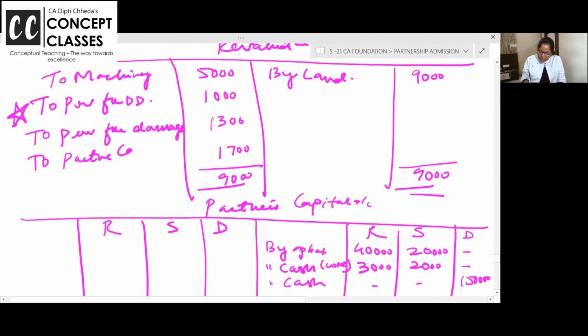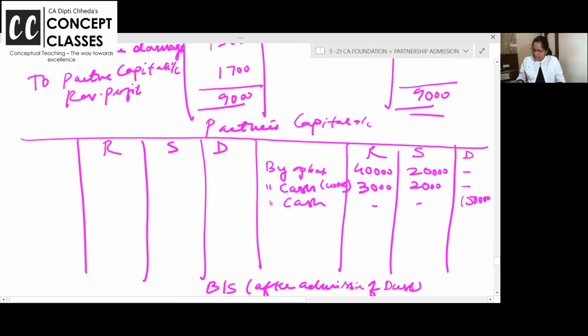Two partners' capital account. Revaluation profit 1,700. Put it in partners' capital account, in the old ratio.